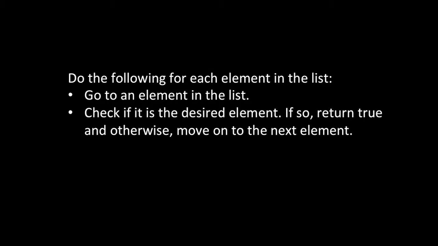Check if it is the desired element. If so, return true, and otherwise move on to the next element. As a result, the method we could be calling recursively could be checkElement, which takes an array of elements, an index to know which element to check, and the value of the element we're trying to find.